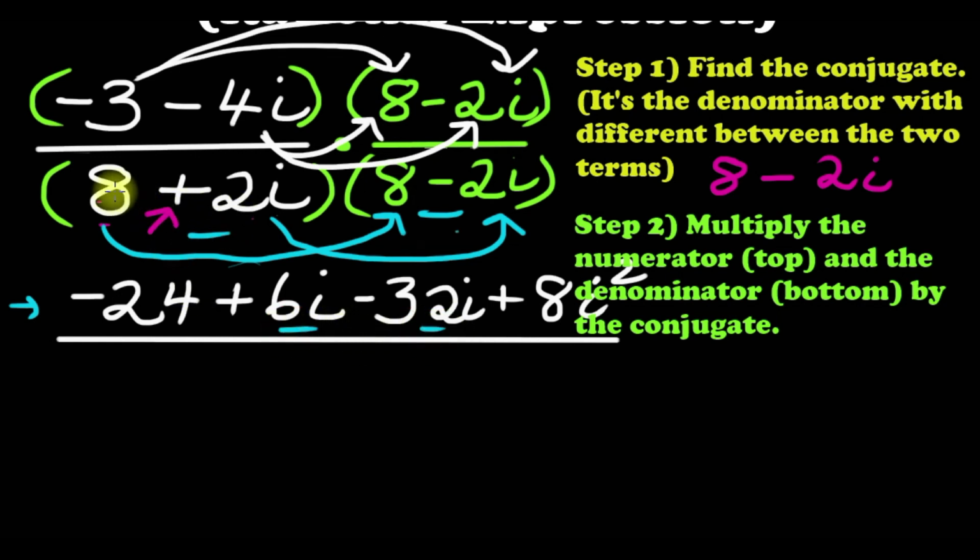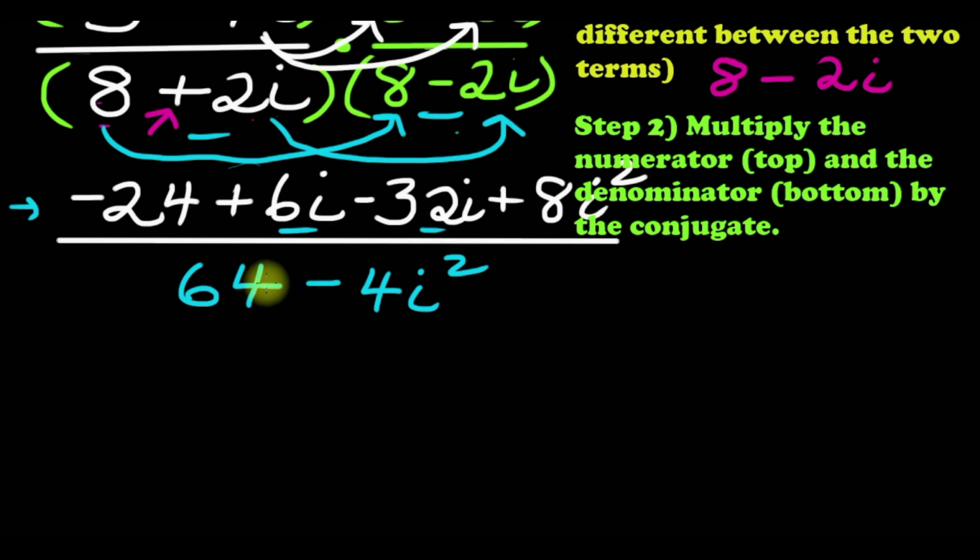Because look, you got negative 16i with positive 16i. Because they're opposites, they add up to 0. So you're just going to get 8 times 8 is 64. And then minus 4i squared.